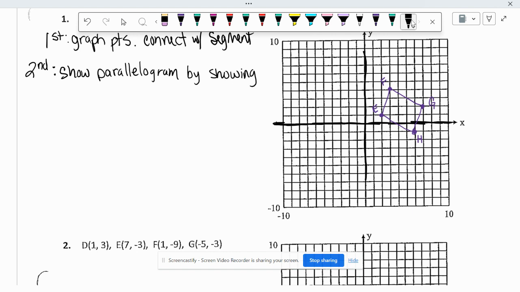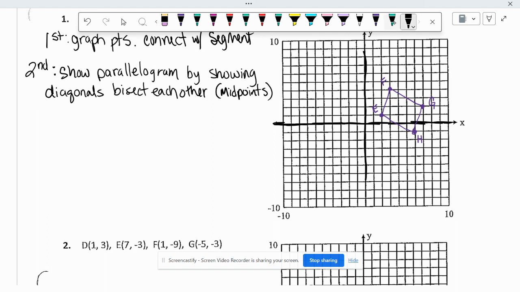Because I want to write it out here. Show the diagonals bisect. So I'm going to write showing diagonals bisect each other, and in parentheses, I'm just writing midpoints. We're going to use the midpoint formula.